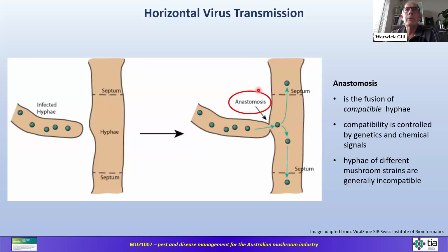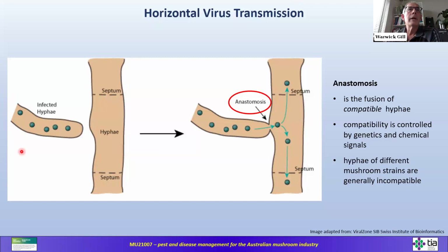This process of anastomosis is just the fusion of compatible hyphae, and that's determined by genetics and chemical signals. It ensures that the virus cannot spread from genus to genus. It must remain within the same species or even the same variety. It's a very specific interaction.